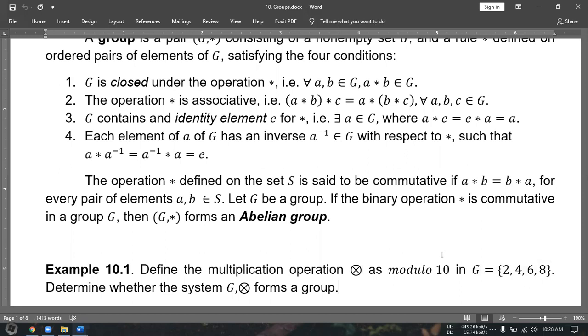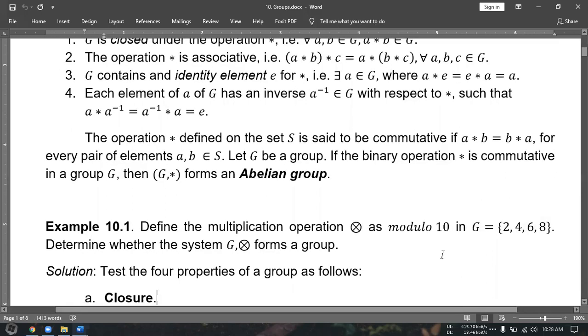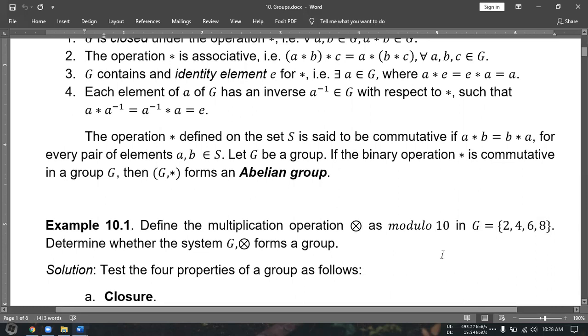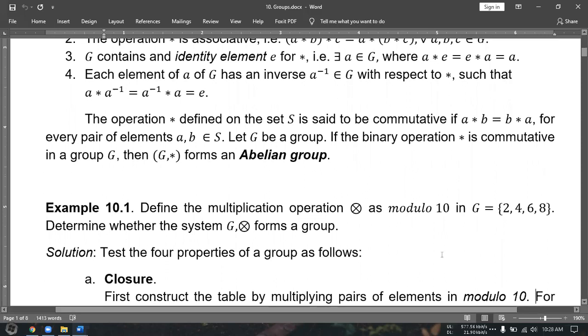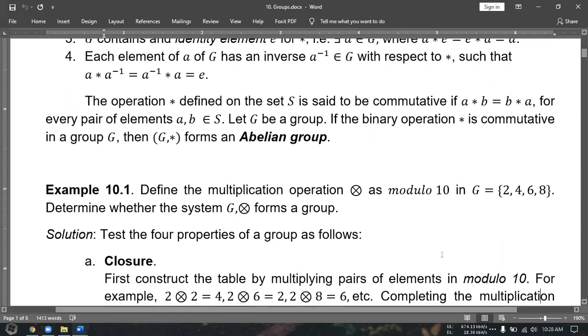So first condition, the closure property. First, construct the table by multiplying pairs of elements in modulo 10. Now, for example, when we multiply the elements 2 and 2 under modulo 10.